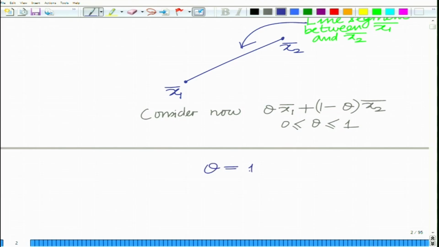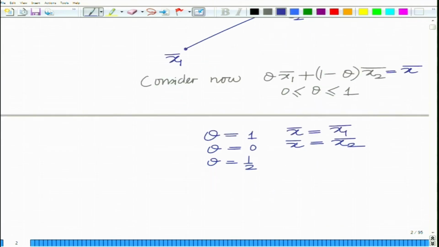Now, for instance, if theta equals 1, let us denote this point by x bar. We have x bar equals 1 times x1 bar plus 0 times x2 bar. So, this is x1 bar. If theta equals 0, on the other hand, x bar is simply, you can check, 0 times x1 bar plus 1 times x2 bar. So, this is x2 bar. If theta equals half, this is half times x1 bar plus half times x2 bar.